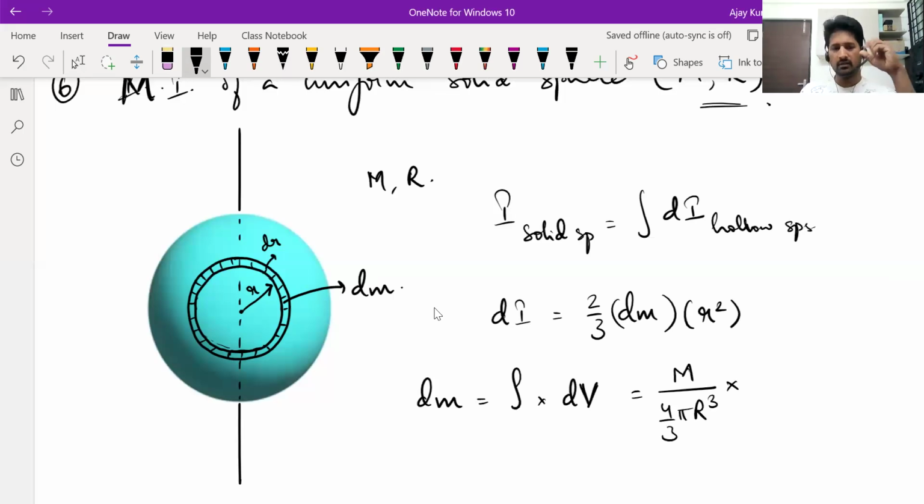Can one of you tell me how to write the volume of that thick hollow sphere that we have considered? Volume of that thick shell. How can we express it?